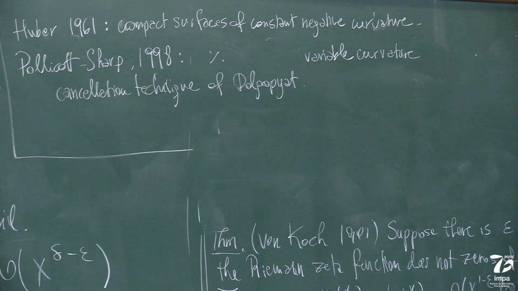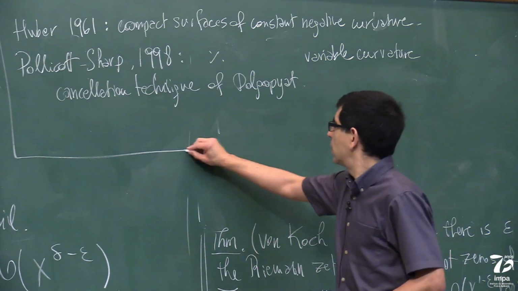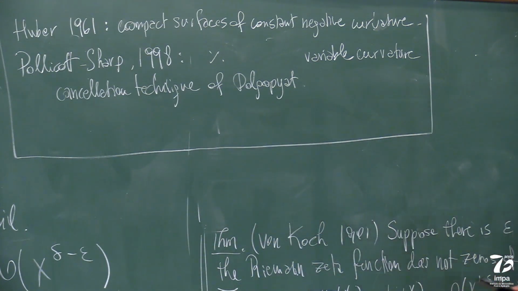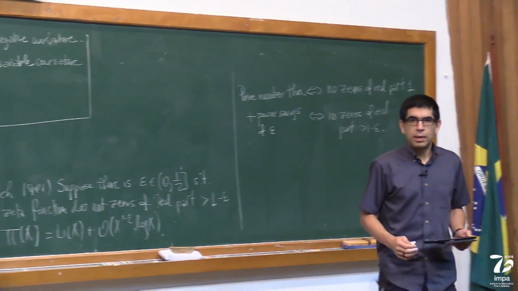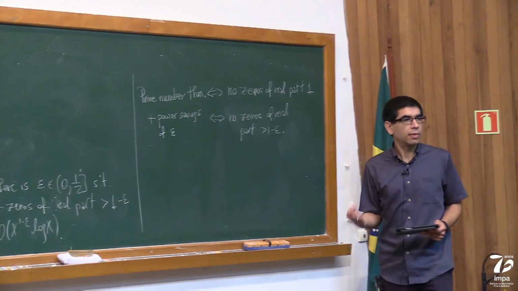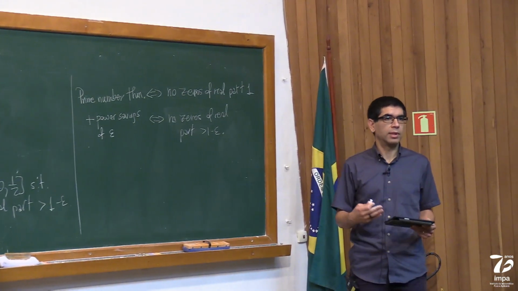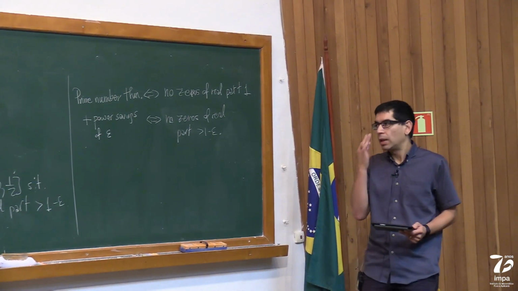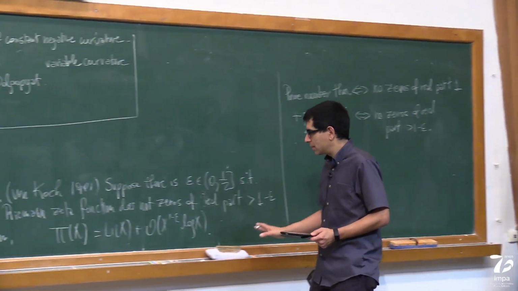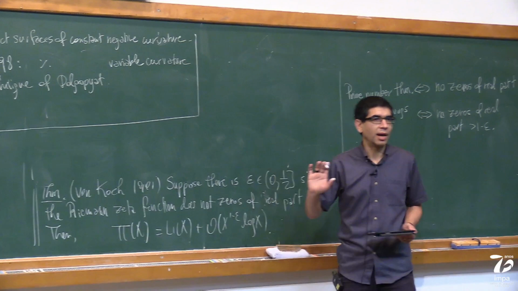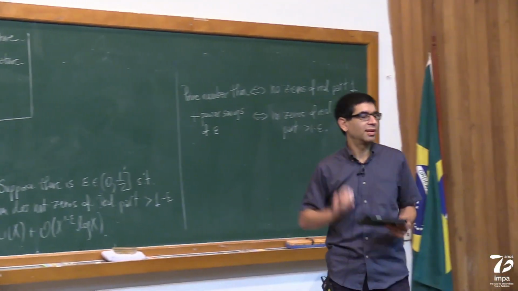All right, so the idea of the proof of this theorem is, roughly speaking, similar to this story here. There is a Ruelle zeta function that will play the role of the Riemann zeta function. And you can almost take von Koch's arguments and replicate them in the dynamical setting.